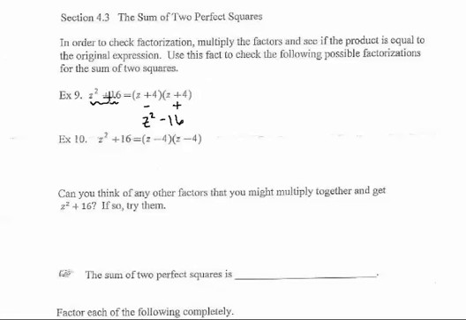We want a plus in between the two perfect squares. So minus plus or plus minus isn't going to work. That only leaves two possibilities that we have written here in example 9 and 10. We have a plus plus and a minus minus combination.